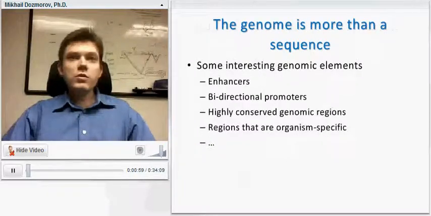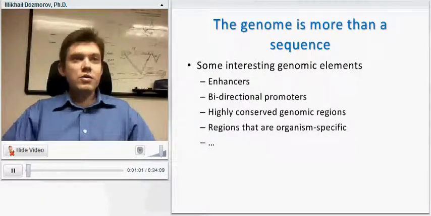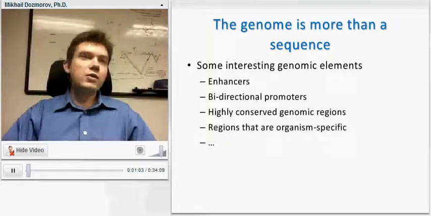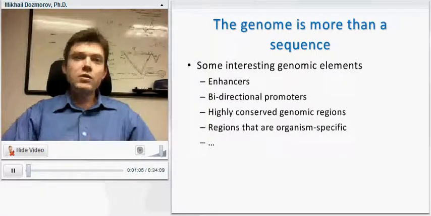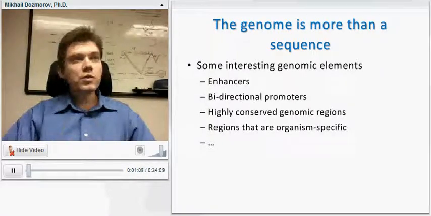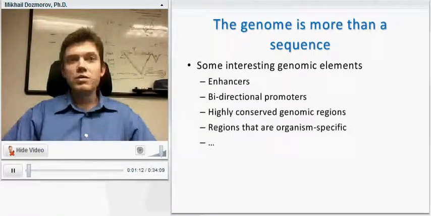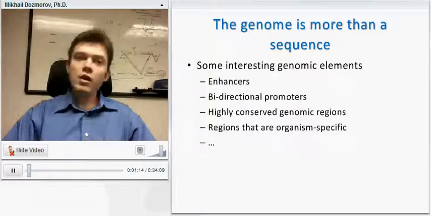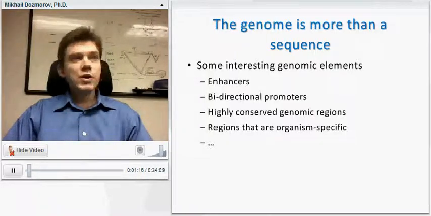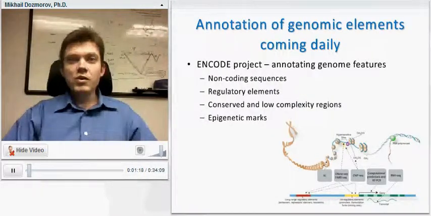But the genome is not just a sequence. The genome contains quite a lot of interesting elements, like enhancers, bidirectional promoters, highly conserved regions, and quite the opposite, regions that are organism-specific.